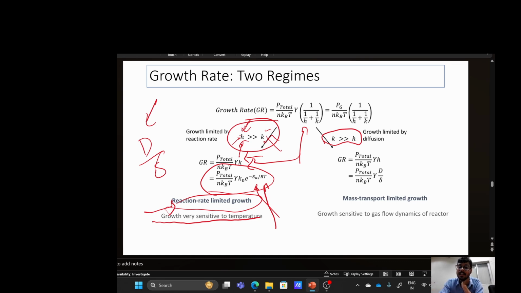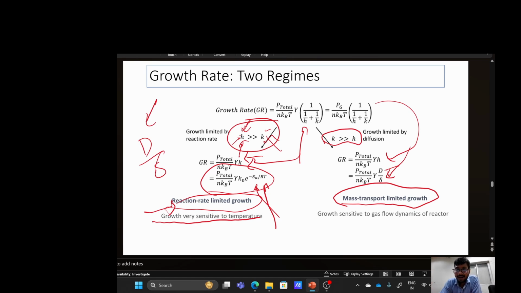In this case the formula reduces to D by delta. So this is mass transport limited growth, which means it is limited by the diffusion.